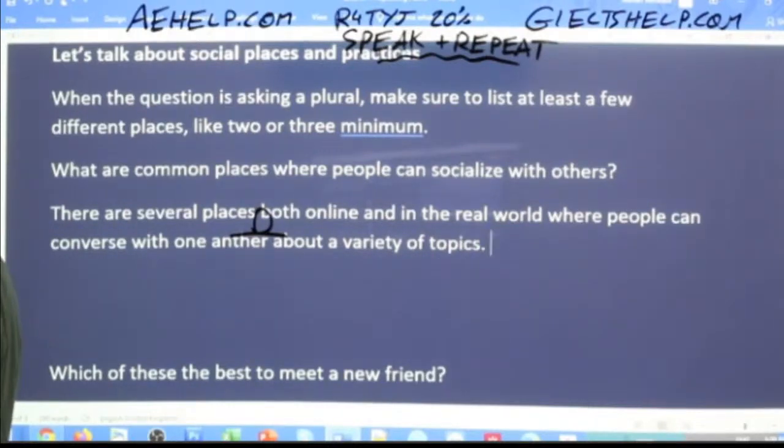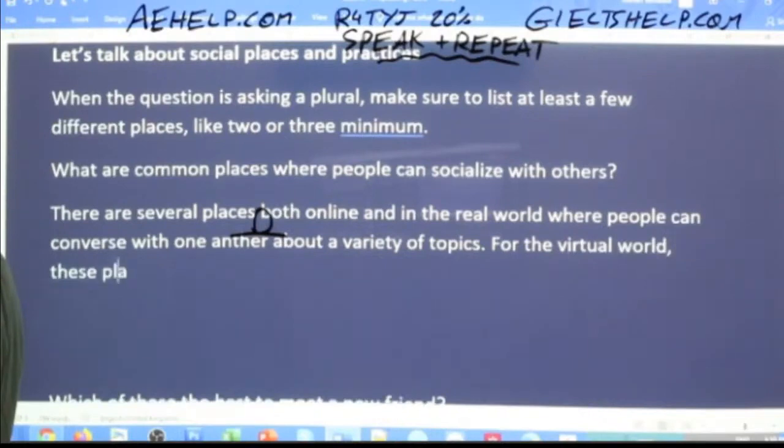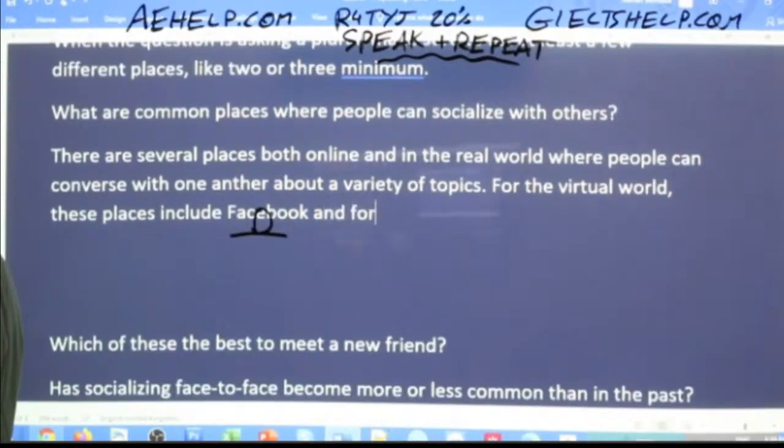For the virtual world, these places include Facebook and forums.